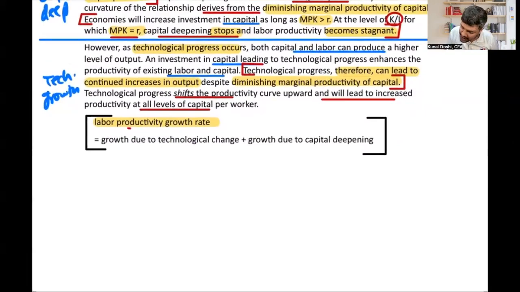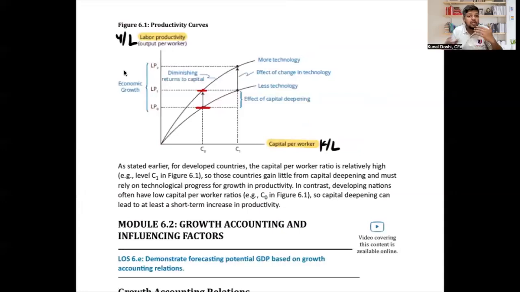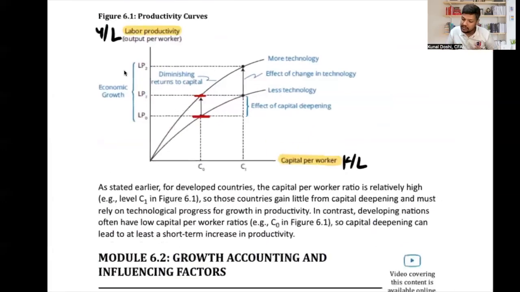So labor productivity means the benefit at constant labor: what will increase the GDP? Labor productivity is a combination of two things: growth in technological change and growth in capital deepening. But you know, capital deepening is diminishing, while technological progress is not diminishing. It keeps growing forever. Now, see how it affects both developed economies and developing economies.